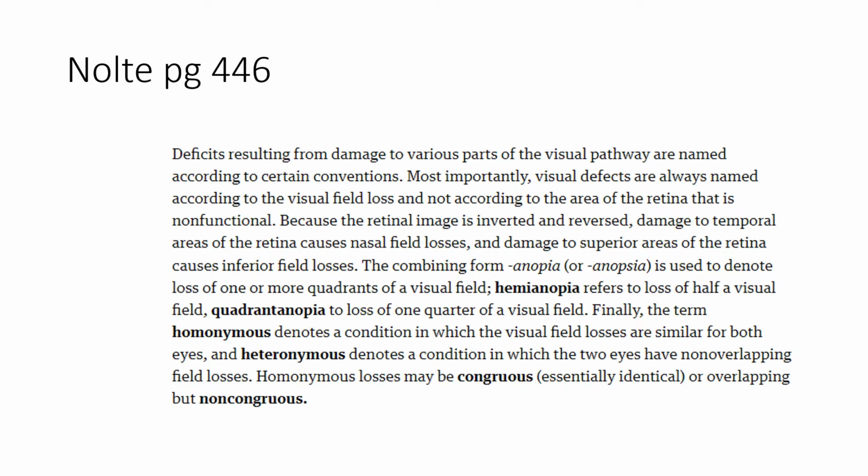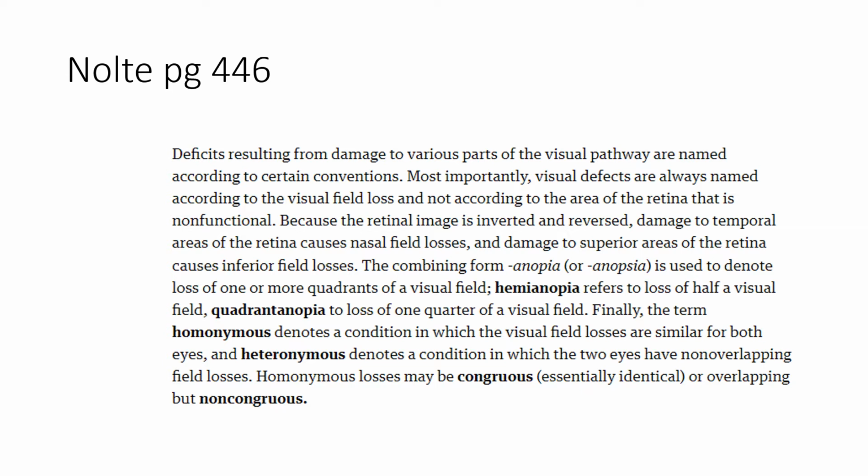So this is what Nolte on page 446 has to say about it. Deficits resulting from damage to various parts of the visual pathway are named according to certain conventions. Most importantly, visual defects are always named according to the visual field loss and not according to the area of the retina that is not functional, so visual field loss.